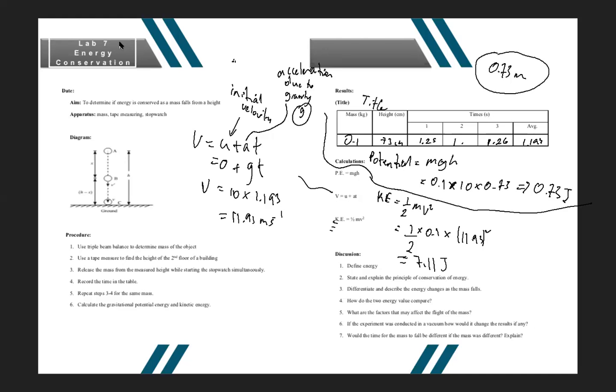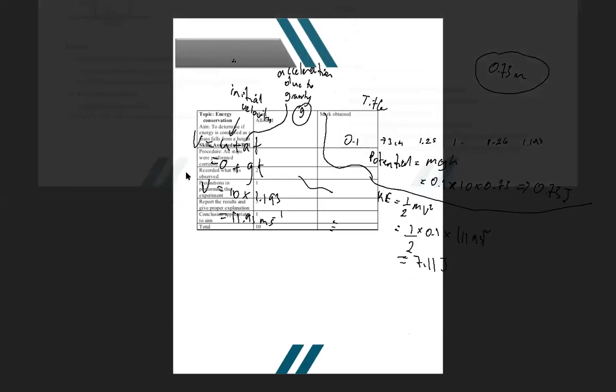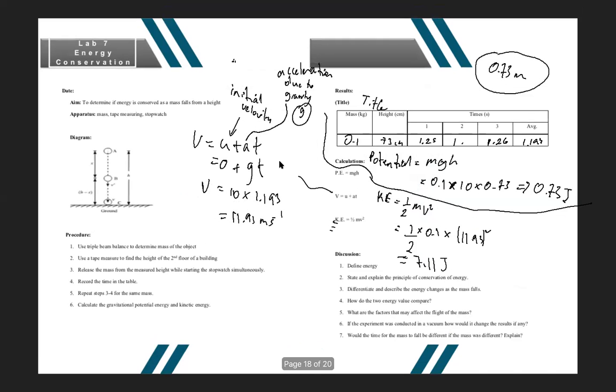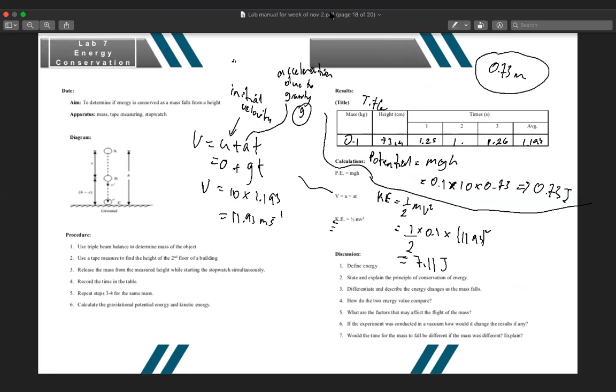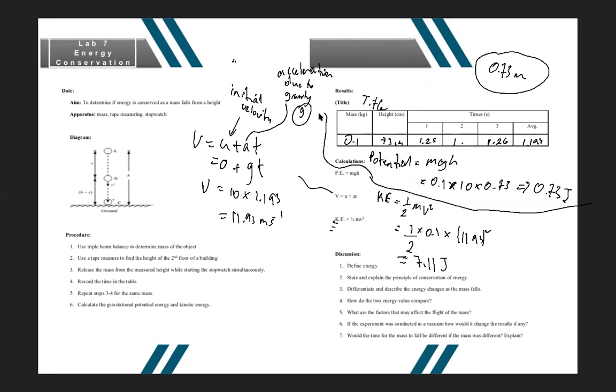So we have 5, 6 more minutes left. Let's see if we can just finish the last one. Did you take a picture of this already? Yes, sir. All right. Let me go ahead quickly. Take a picture now.